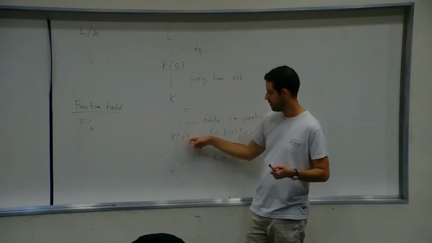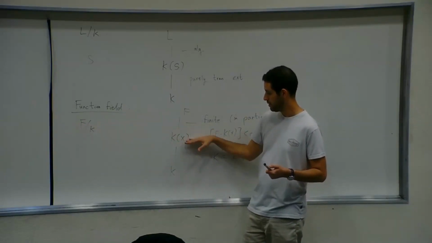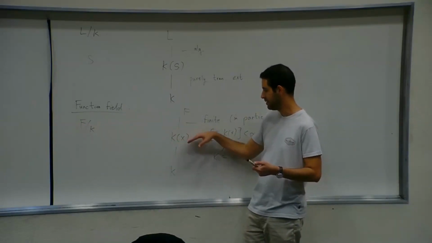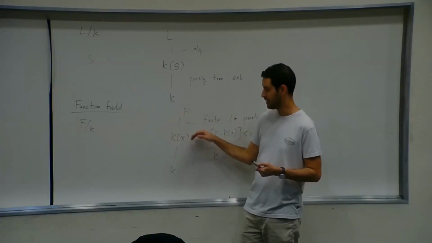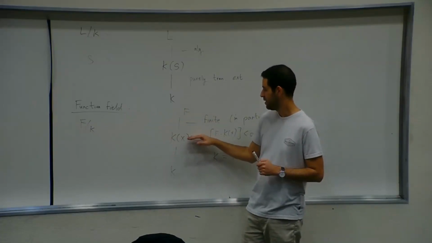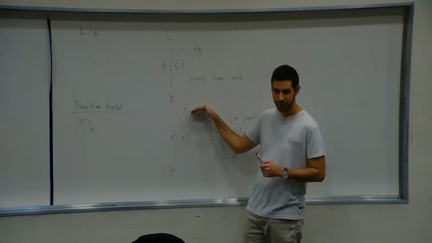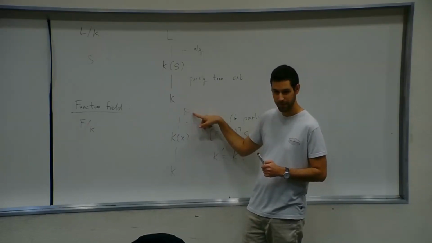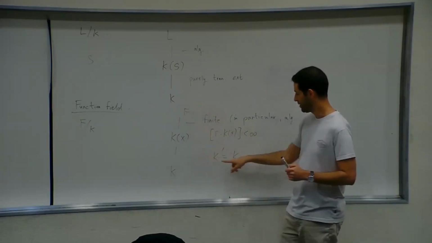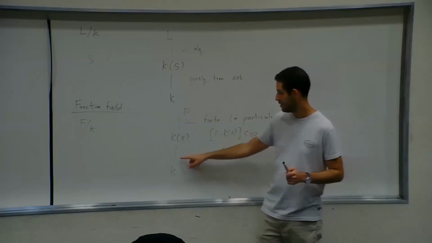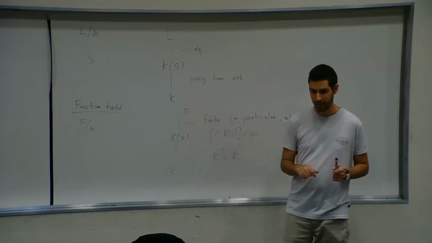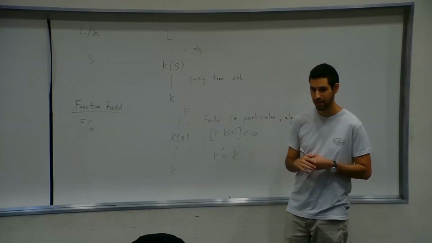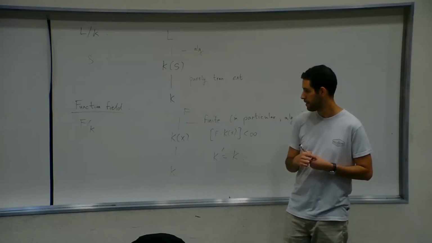So we get the field k(x) that extends k, and then we take a finite extension of this one, and we insist that every element in F which is not in k is transcendental over k.